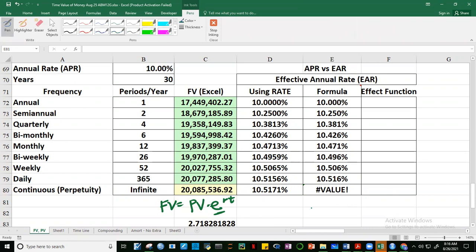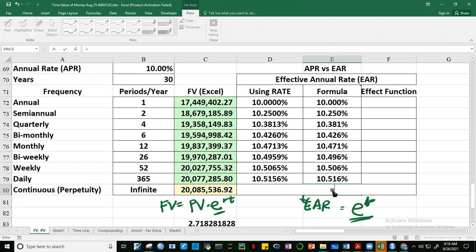Okay, so dito, ang EAR natin dito, effective annual return, will be equal to E to the I, or E to the R. That's our effective annual return.